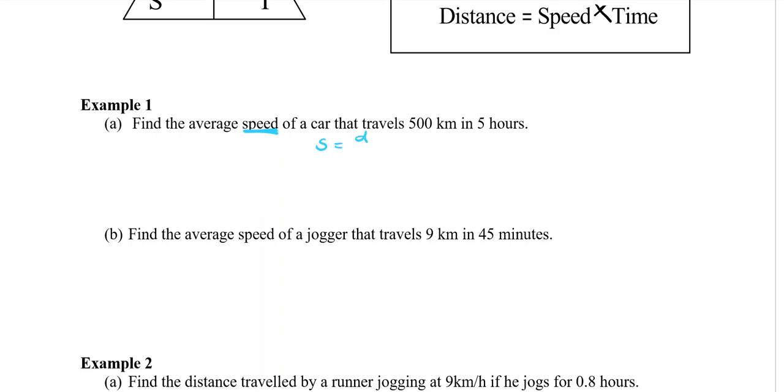Speed equals D over T for distance over time, so I don't have to write the full word out. Now, our car is traveling a distance of 500 kilometers and the time is the 5 hours. So I'm going to put those in my formula. The D is 500 kilometers and the time is 5 hours.